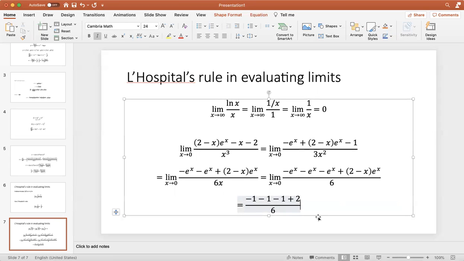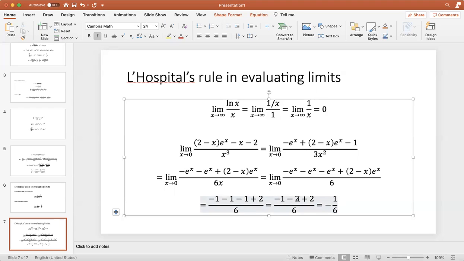Notice here that when you add these two together, this just becomes negative 2. So you get an expression of negative 1 minus 2 plus 2 over 6. And the limit is equal to negative 1 over 6.